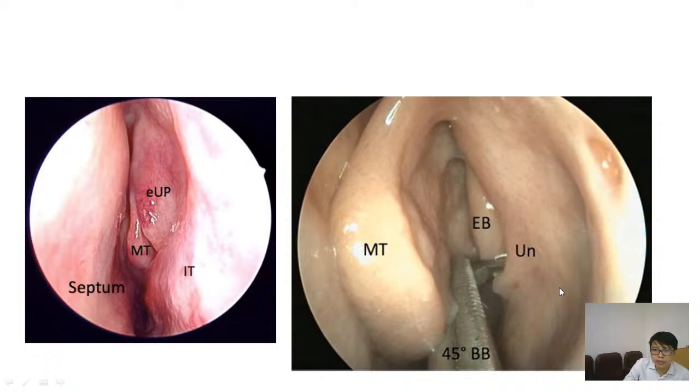If we remove this uncinate process, we are going to see inside is the bulla ethmoidalis. And the space between the bulla and the uncinate process is known as the ethmoidal infundibulum. This is an important space because this is where most of the sinuses drain, starting from the frontal sinus, maxillary sinus, and anterior ethmoid.